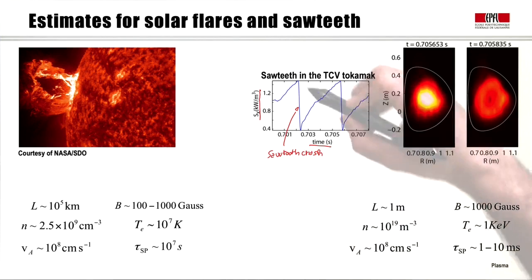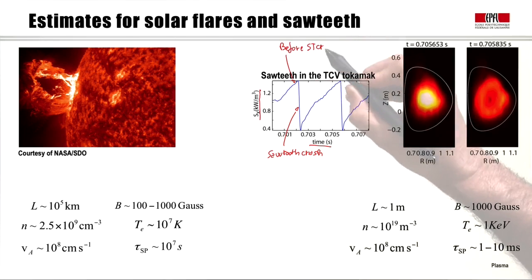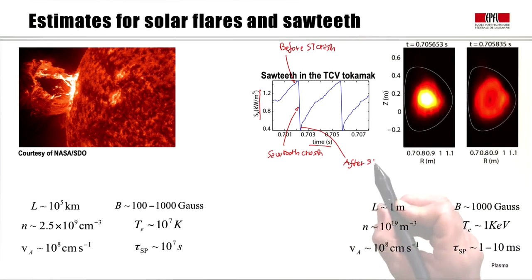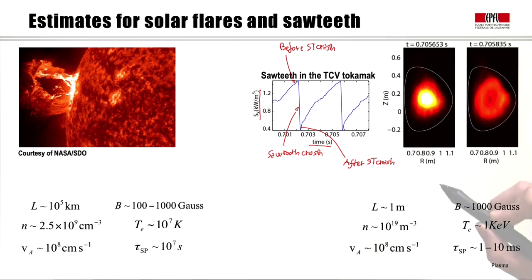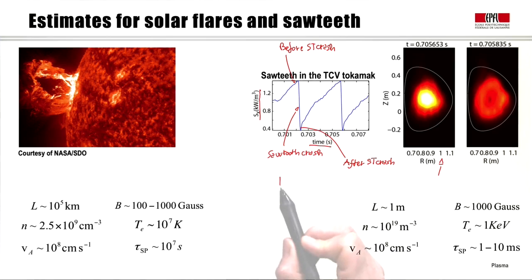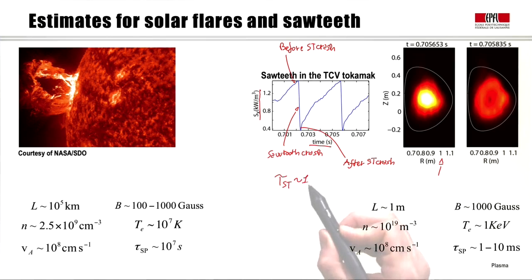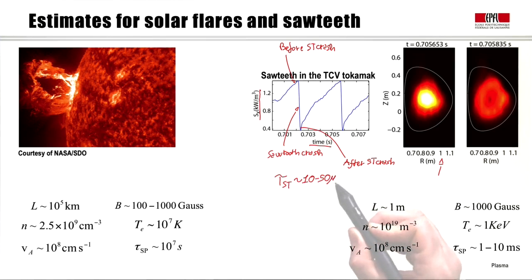The poloidal cross-section profile of the soft X-ray before and after the sawtooth crash clearly displays the redistribution of energy associated with the sawtooth. Sawtooth crashes happen on the TCV tokamak on timescales of the order of 10 to 50 microseconds. This is the time during which magnetic reconnection occurs.